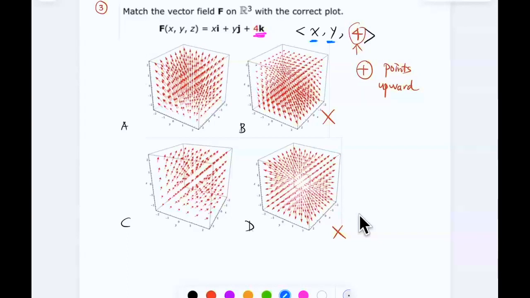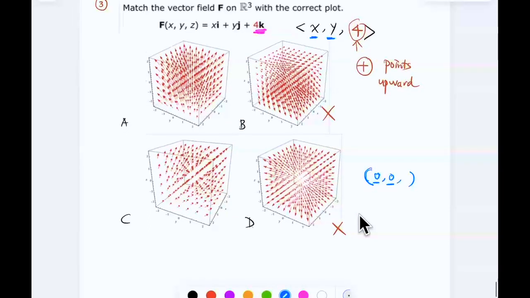So the point here will be 0, 0, right? So when X equals 0 and Y equals 0, the output is going to be 0, 0, 4.